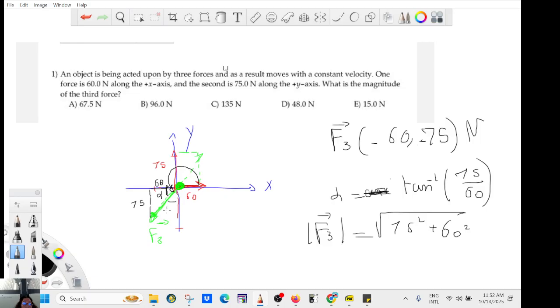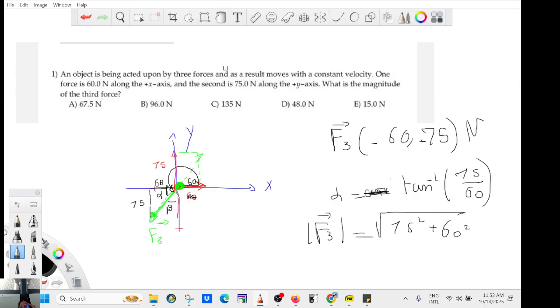It depends. You can use this one if you want. That will be 90 minus whatever you find. So in that case, you can use 60 over 75. 60 is this. This is 60 here. Yes or no?